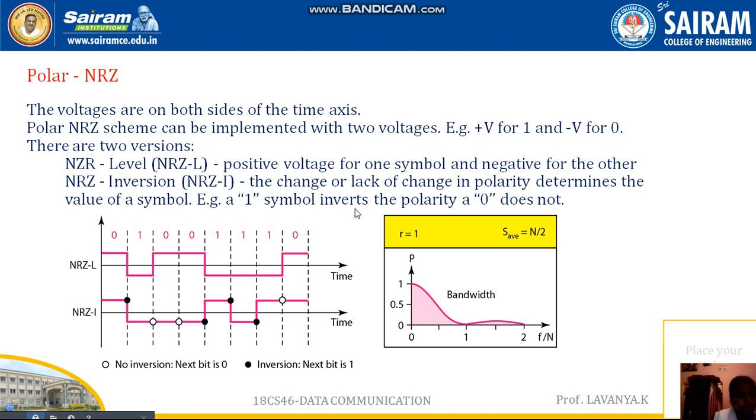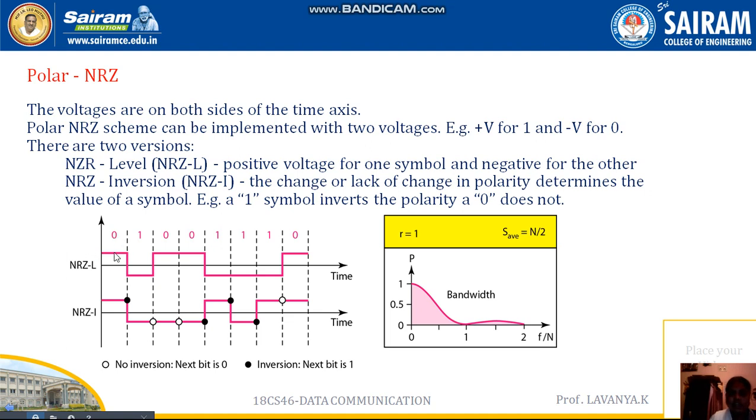Here in NRZ-L, the level of the voltage determines the value of the bit. I am repeating, the level of the voltage determines the value of the bit. Based on usage, we can take the values.